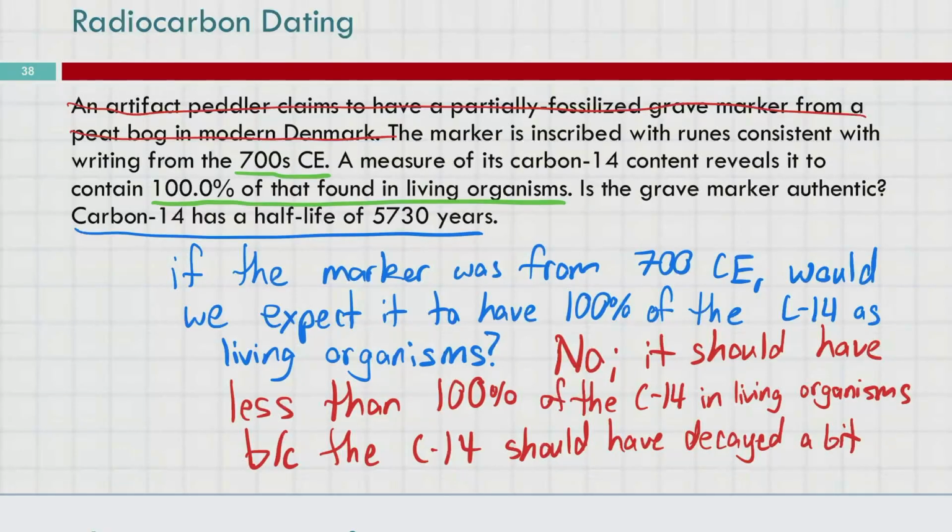A bit. We don't know. We don't have the tools for this class to know exactly how much it would have decayed. But it should have decayed some amount, and it would be a measurable amount.